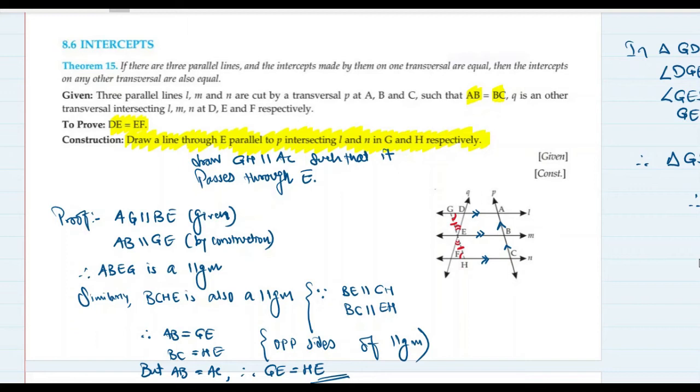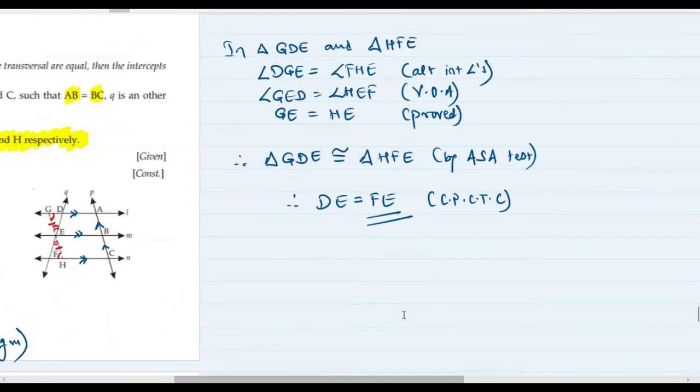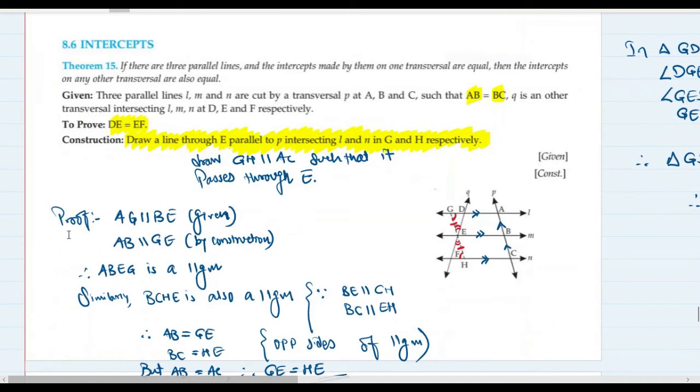So GE and EH will also be equal since they are the opposite sides of a parallelogram. And after that we consider triangle GDE and HFE and we proved them congruent by ASA test, and then we proved DE is equal to EF by CPCTC. So this is the simplest way of proving the equal intercept theorem.